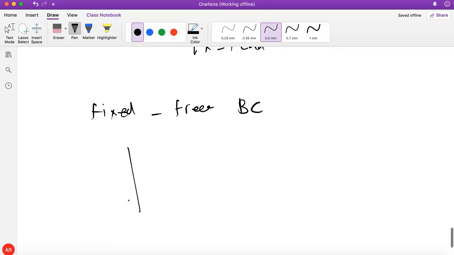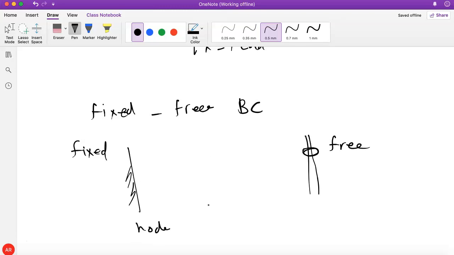Okay, so let's say here I have a fixed wall. Here I have one of these boundary conditions I've engineered where I'm going to get an antinode. So this is fixed, this is free. Here I have a node. Here I have an antinode.